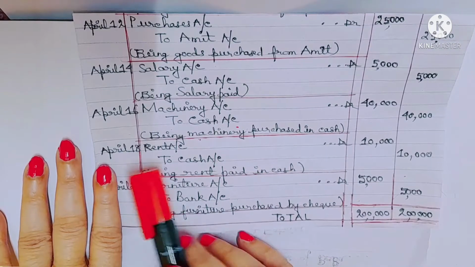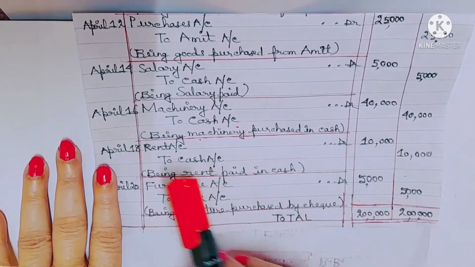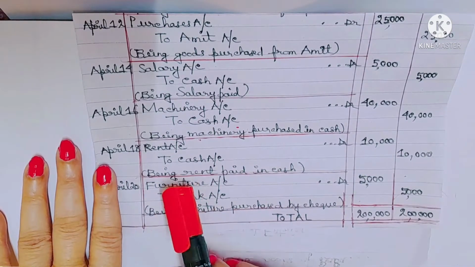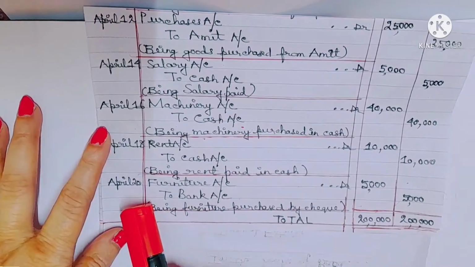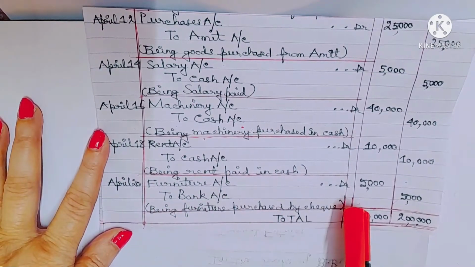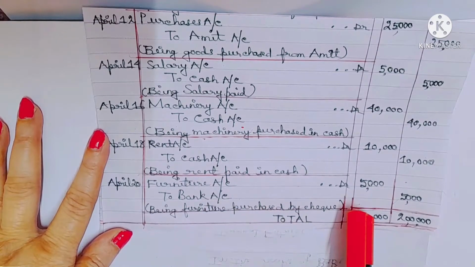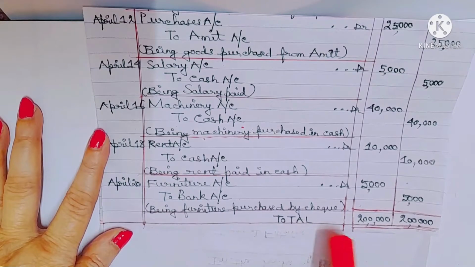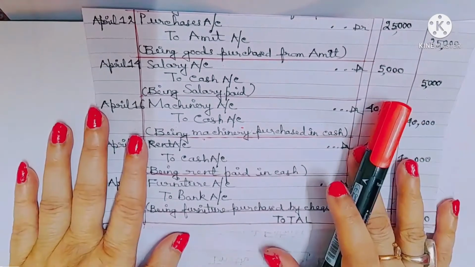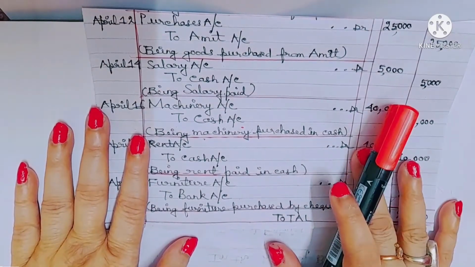On 18th April, rent account debit 10,000 to cash account, being rent paid in cash. Last one is on 20th April, furniture account debit 5,000 to bank account, being furniture purchased by check, and the total is 2 lakhs. Okay, from this journal, we'll do ledger posting.